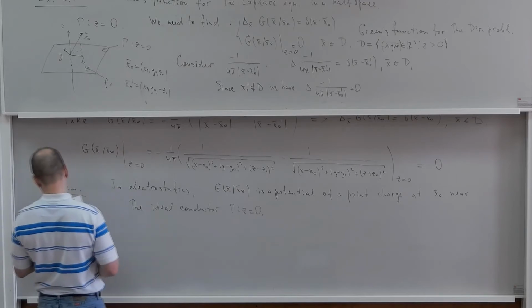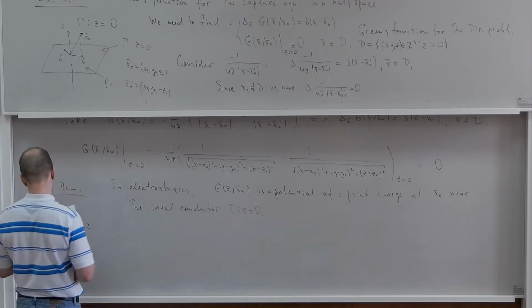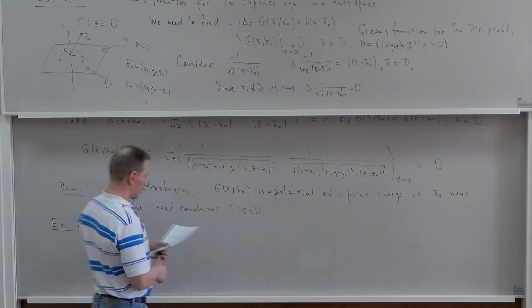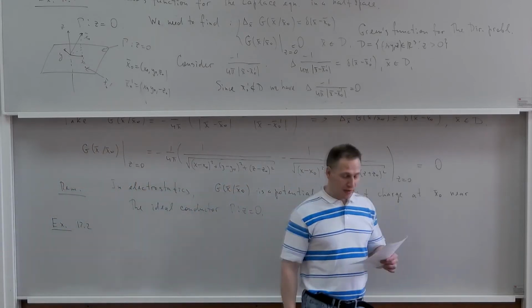It is called the Green's function for the Dirichlet problem of the Laplace equation for a disk and a ball.